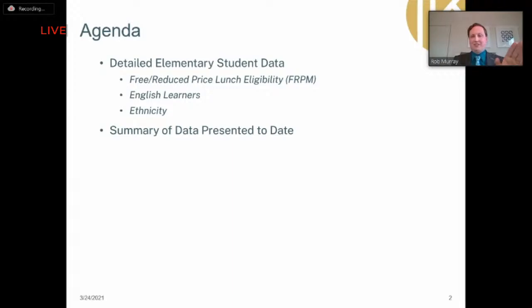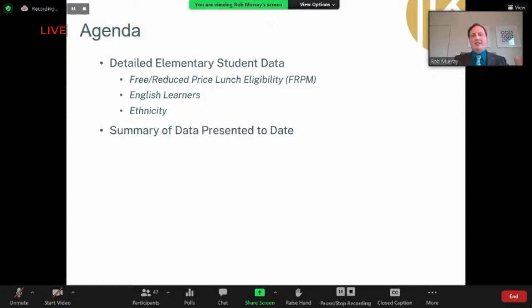So this is really looking at the numbers of the students who are associated either by enrollment or by residence with these schools. And then I'm going to give you, after all of that, a summary of the data to date. This is everything that, to my recollection, we have discussed at some point over this meeting and the two previous meetings.